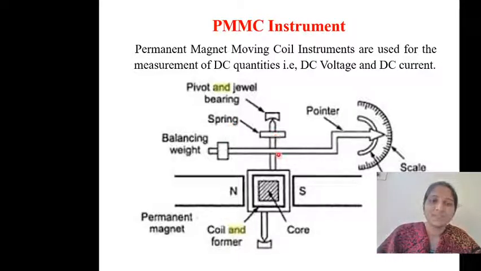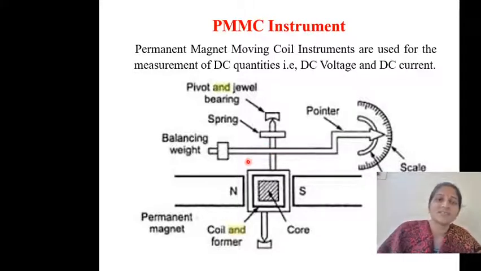Next, on the spindle itself there is one pointer placed which will be moving over the scale, and there is also a mirror placed below the pointer. This mirror is provided to avoid the parallax error, and for this pointer a balancing weight is also provided. This is about the construction. So what are the main parts in the PMMC instrument? The permanent magnet, the first point.